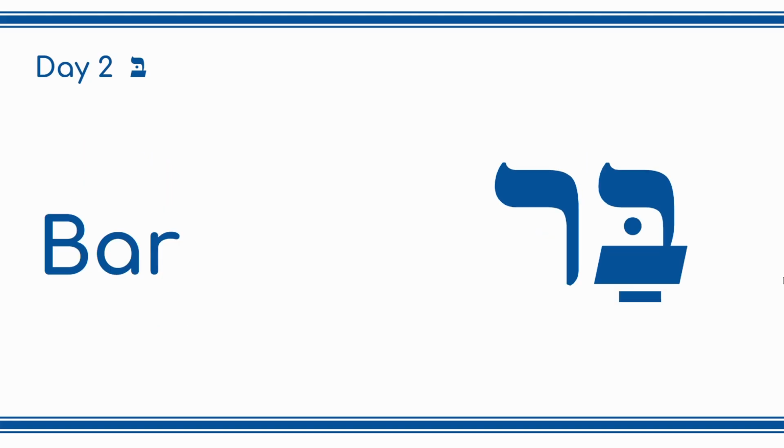Now let's take a look at some examples of words where the letter is used. This is the letter Bet, and this vowel is called a patach. It's a new vowel you've seen. The Bet makes the B sound, so you say B, you look down to the vowel, it makes an A. So we'll go ba, and then we look over to the next consonant.